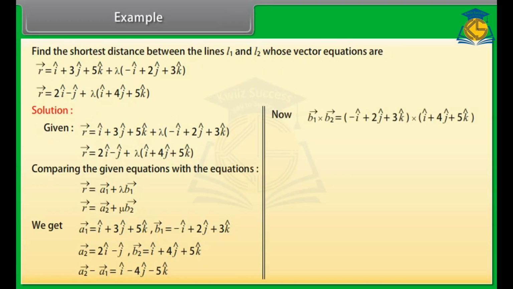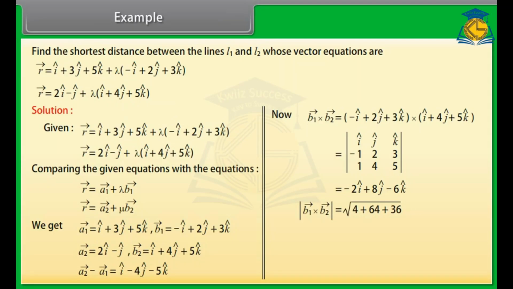Now, the cross product of vector b1 and vector b2 is minus i cap plus 2 j cap plus 3 k cap cross i cap plus 4 j cap plus 5 k cap equals determinant, row-wise, first row i, j, k, second row minus 1, 2, 3, third row 1, 4, 5, equals minus 2 i cap plus 8 j cap minus 6 k cap.